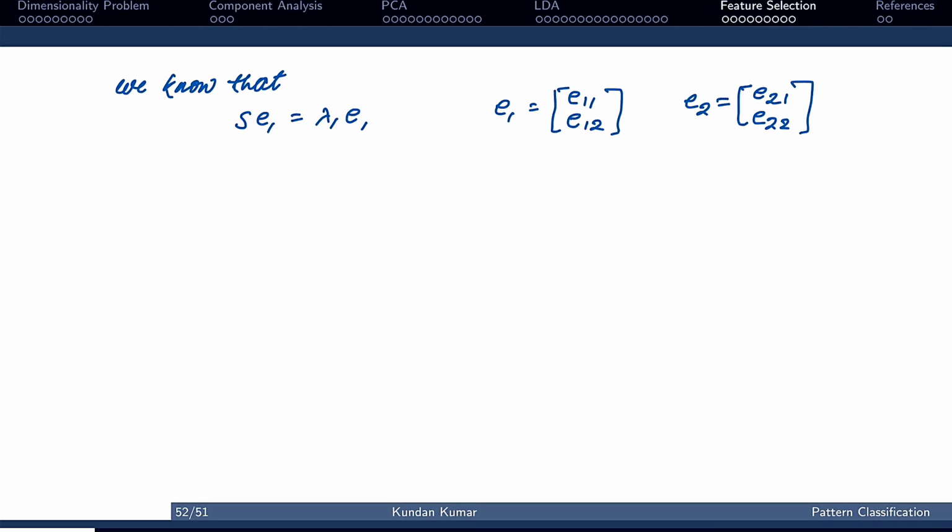These 2 eigenvectors we need to calculate. Let us take the first eigenvector.